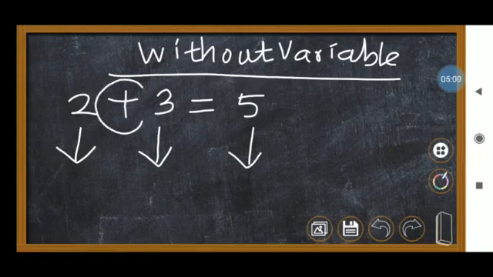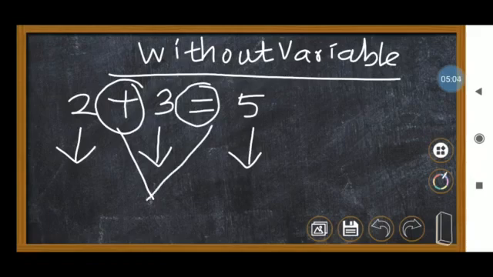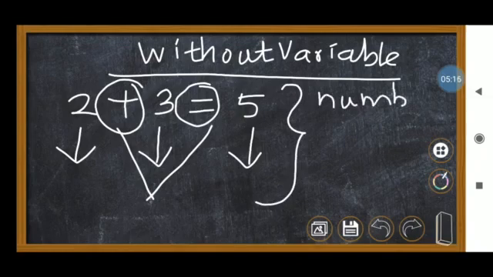And what about this plus? These are the operators. This is called plus, the addition symbol. 2 plus 3 is equal to 5, which means the expression includes numbers and operators.